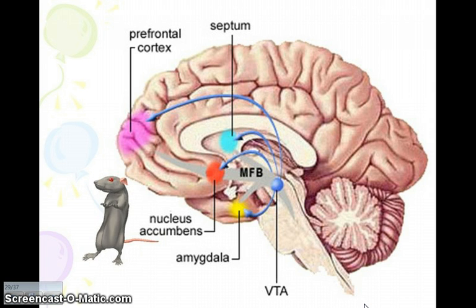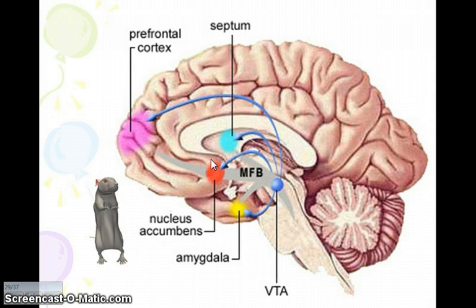There were a number of areas where the rat would actually increase its stimulation of its own brain, and in almost every single case, either directly or indirectly, it led to a release of dopamine in one particular area of the brain, and that is the nucleus accumbens.